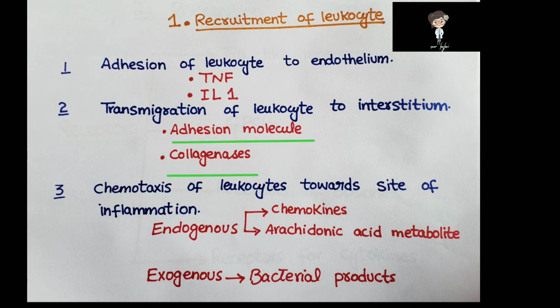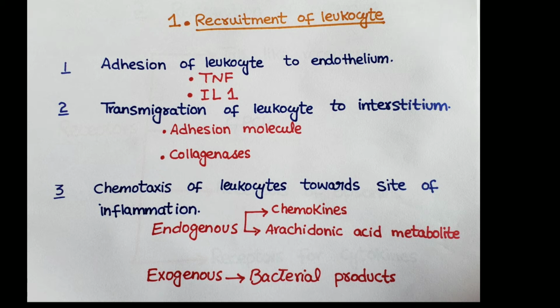Adhesion molecules like PECAM and CD31 facilitate it, along with collagenases, which dissolve the basement membrane. The last step, chemotaxis, includes exogenous and endogenous factors. Endogenous factors are chemokines and arachidonic acid, while exogenous factors are bacterial products like lipids and peptides.